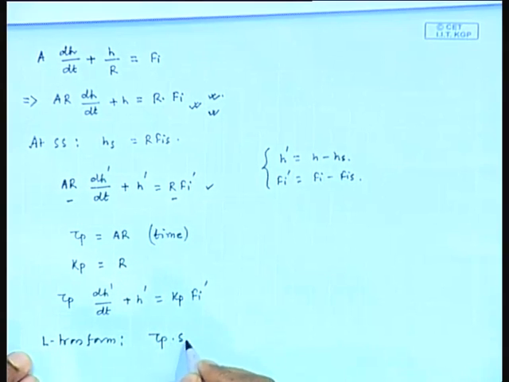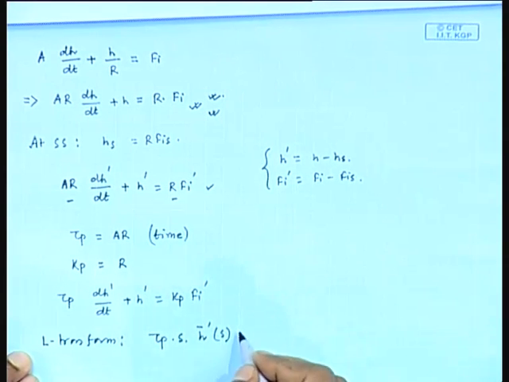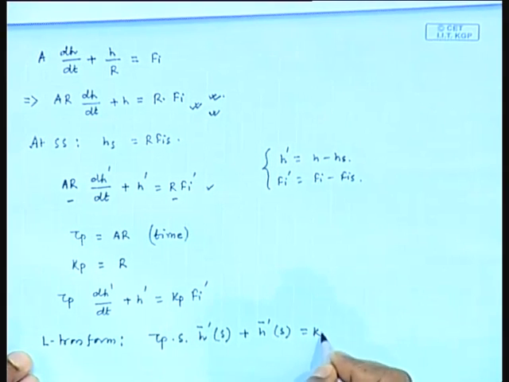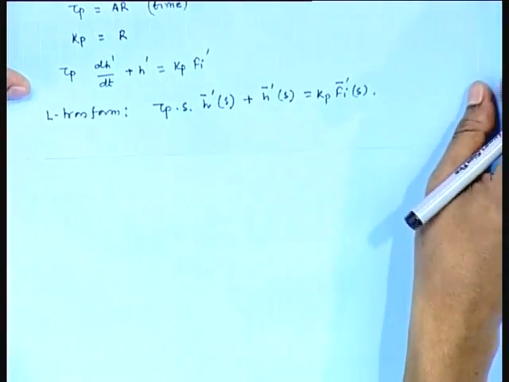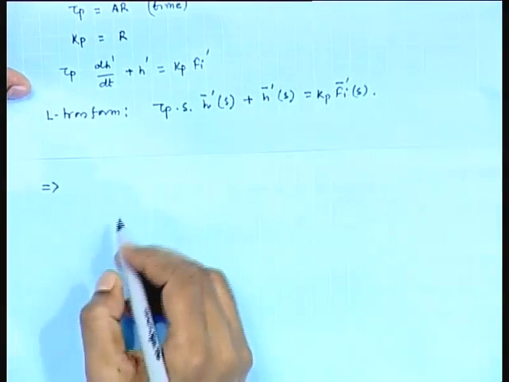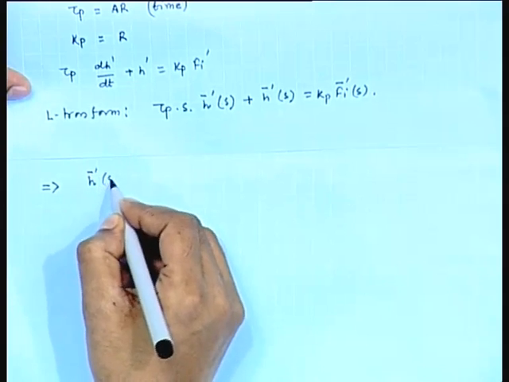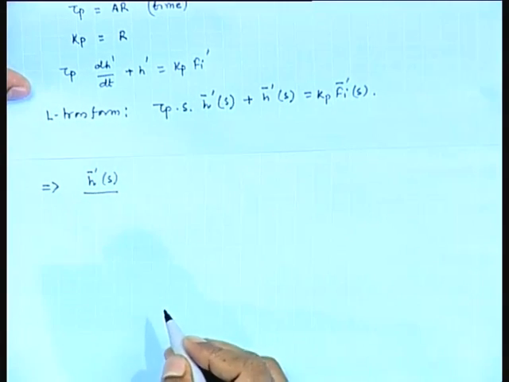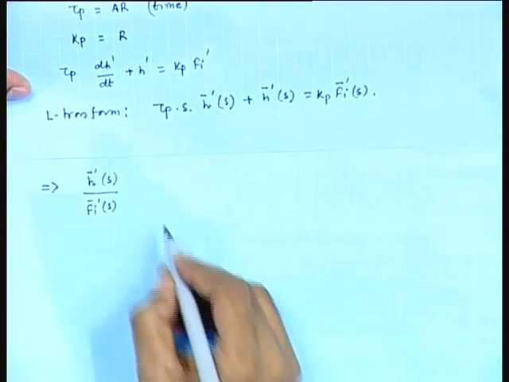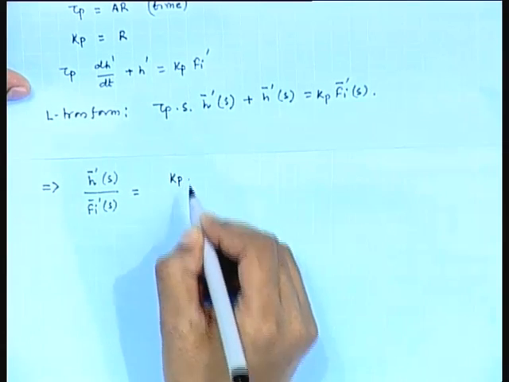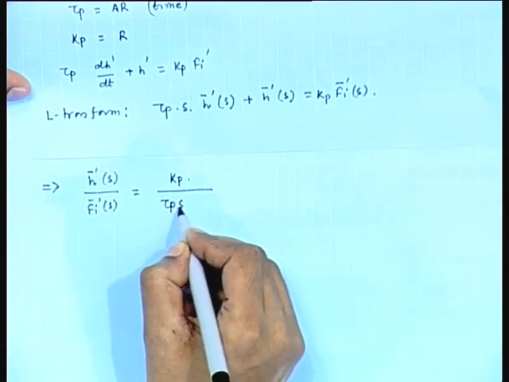Then we get tau p s h bar prime(s) plus h bar prime(s) equal to Kp Fi bar prime(s). Now, if we rearrange, then finally we get h bar prime(s) divided by Fi bar prime(s) equal to Kp divided by tau p s plus 1.